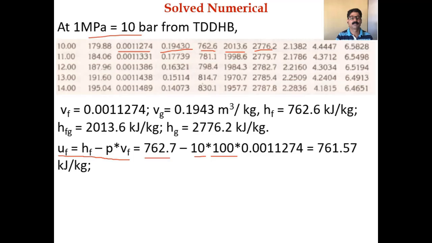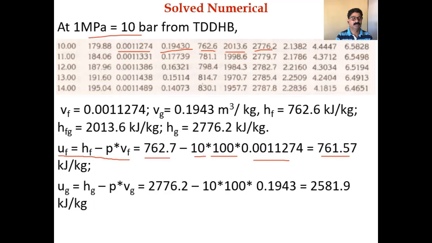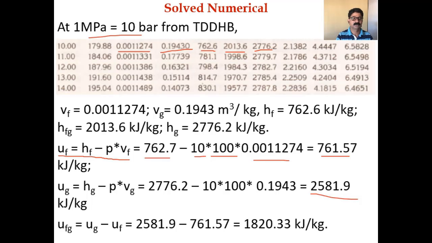Then with Vf, you will get Uf as 761.57 kilojoules per kg. Similarly, Ug you can calculate as Hg minus P Vg. After substitution you will get 2581.9 kilojoules per kg. So Ufg is nothing but Ug minus Uf, which you will get as 1820.33 kilojoules per kg.